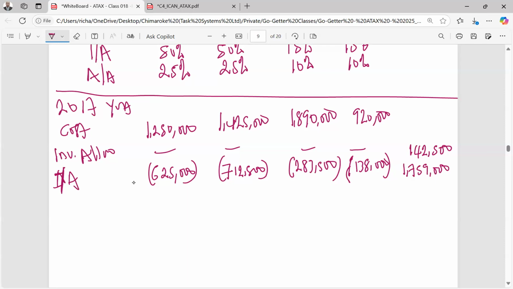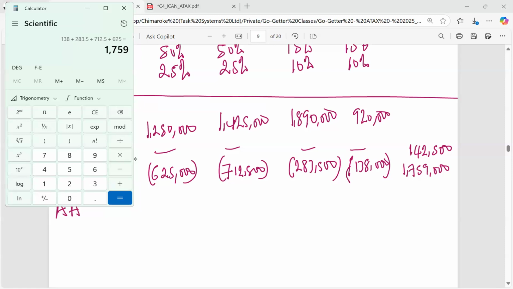Your annual allowance is going to be as follows. Now, let's do them one by one. Annual allowance here, we have the first one, 1,250,000 minus 625,000. That's going to give us 625,000, right? Now, 25% is equivalent to 4 years.